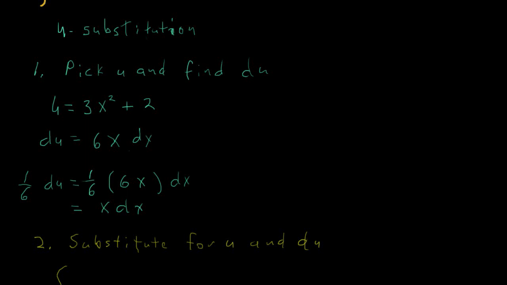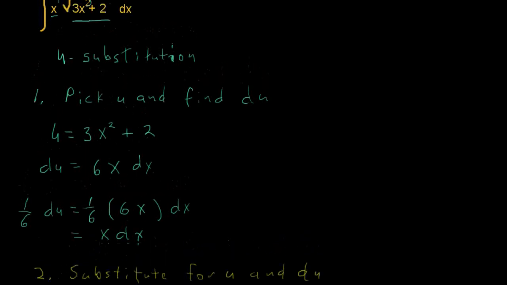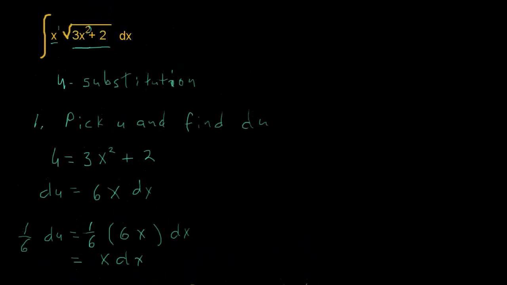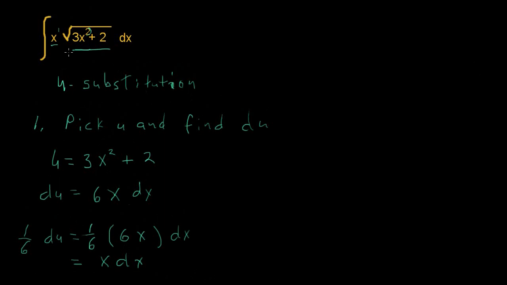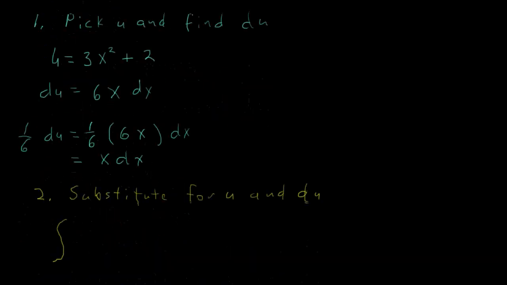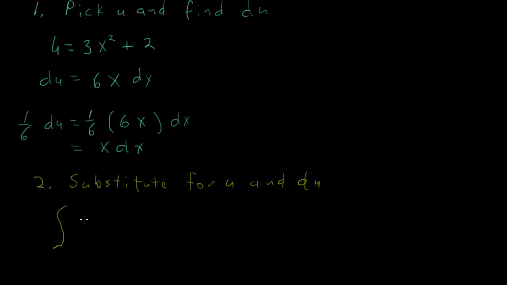Let's copy our problem down again, and let's rewrite the radical with a rational exponent instead. It's always a good idea to take any radical you have and write it with a rational exponent. So we're going to write 3x squared plus 2 to the 1/2 power x dx.